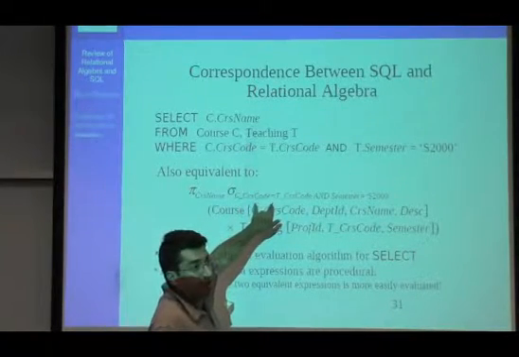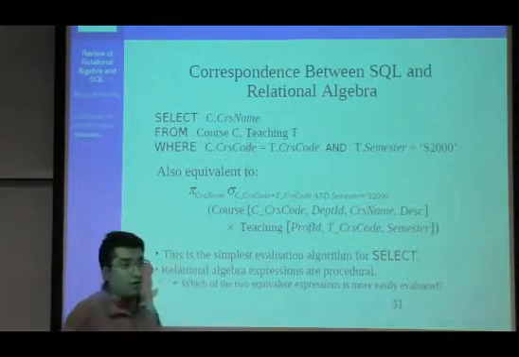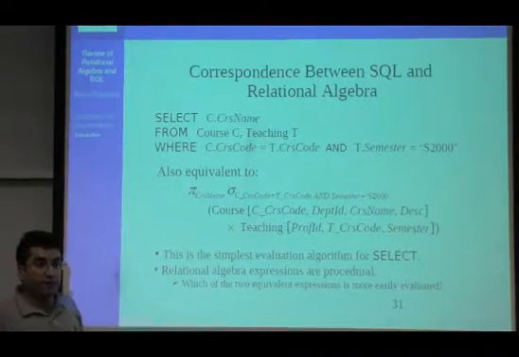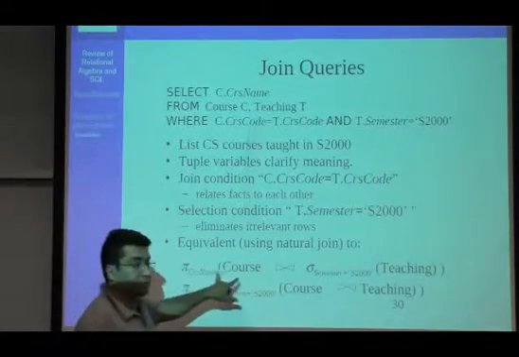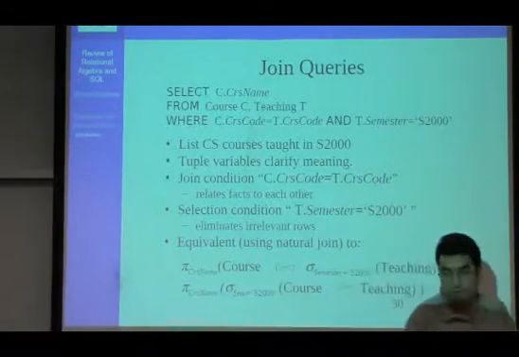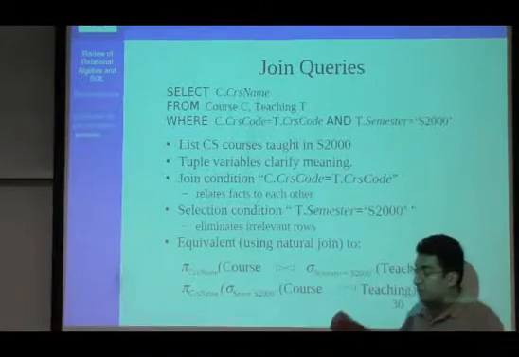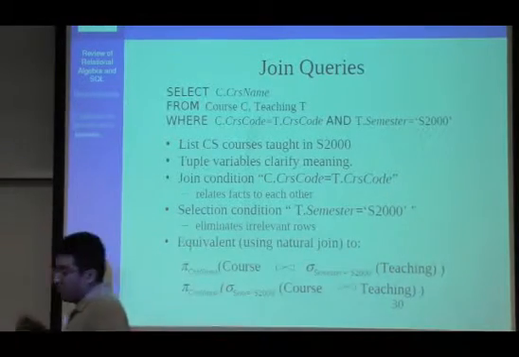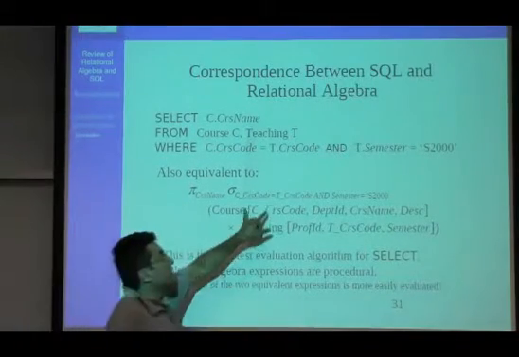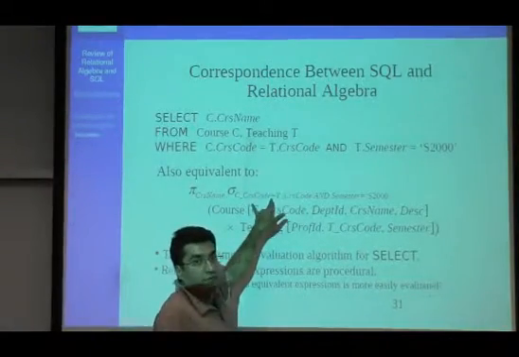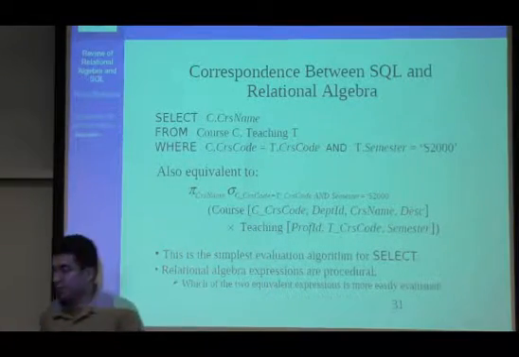The previous slide's two expressions use the natural join convention, but we know natural join is implemented with the Cartesian product, where the condition is enforced on the Cartesian product.